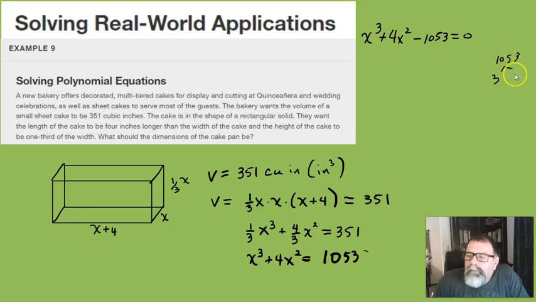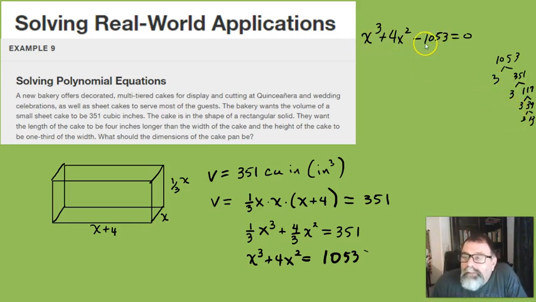It's 3 times 351. Another 3 comes out: 3 times 117. And another 3 is going to come out, so that would be 3, 9, and another 3. So I'm going to try 3, 9, 27.